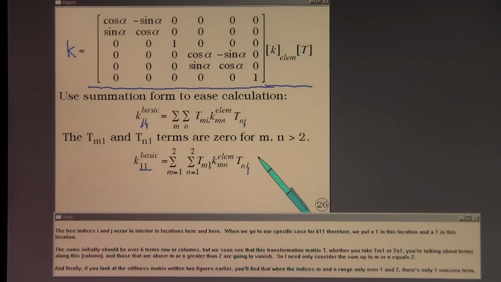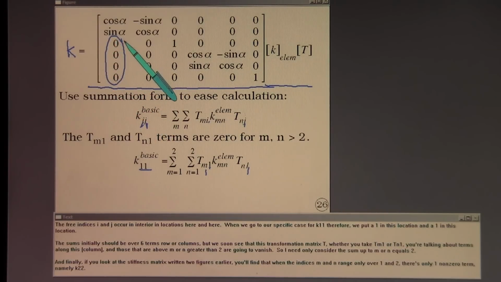The sums initially should be over 6 terms, rows or columns, but we soon see that in this transformation matrix T, whether you take Tm1 or Tn1, you're talking about terms along this row, and those with m or n greater than 2 are going to vanish. So I need only consider the sum up to m or n equals 2.